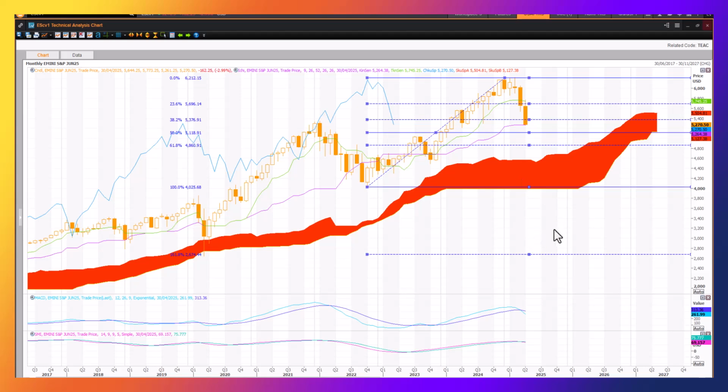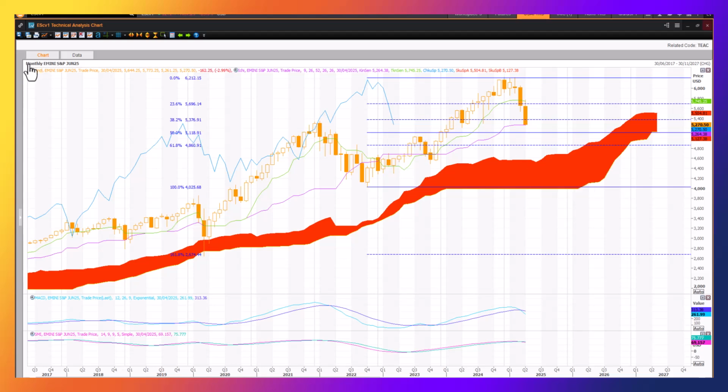So not out of the woods yet, but it will be interesting to see if we do get a relief rally or support at that zone. If support fails at that zone, then 5118 is the next downside target, as well as 4860, and then the top end of the Ichimoku cloud on the monthly. So that's the gloomy picture on the monthly Ichimoku.